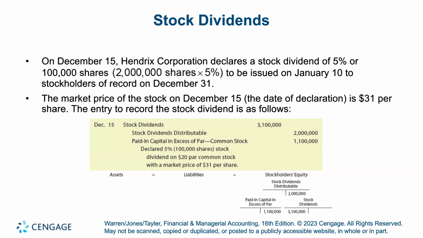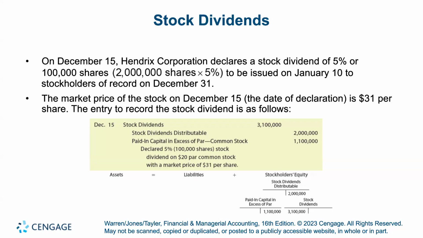And then to find the additional paid in capital, we'll do 100,000 shares times the price of the stock over and above the par value. So if it's $20 par stock, they're issuing it for 31, then the additional paid in capital will be $11 per share, right?